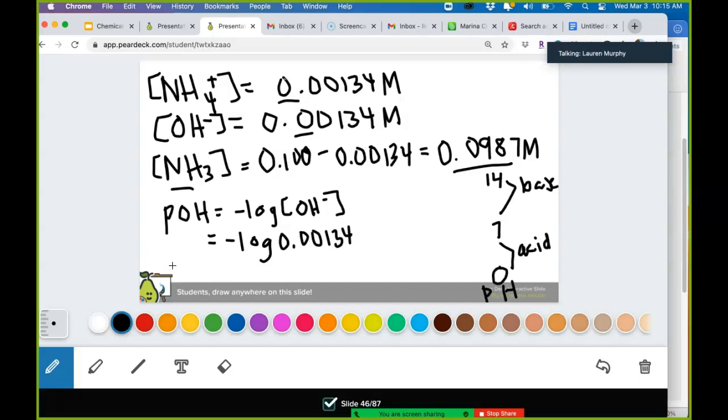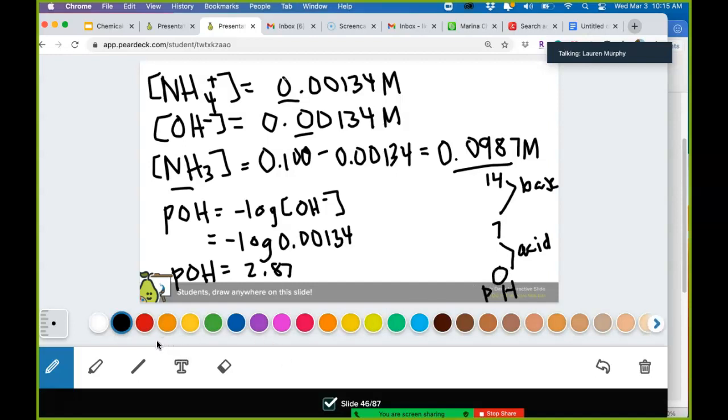So the pOH is 2.87. And then you go, whoa, that doesn't match my scale. Well, you're right, because this isn't the pOH scale. This is the pH scale. So there is one more equation that you will learn.